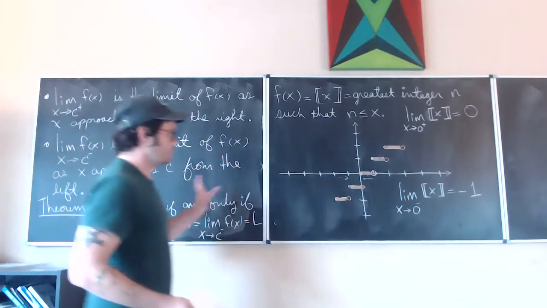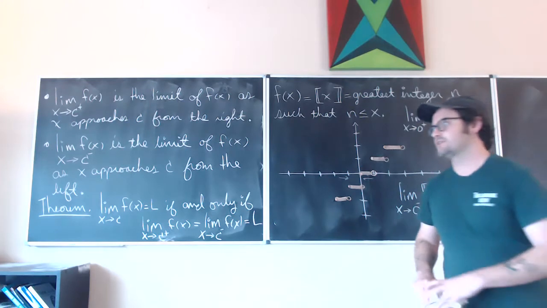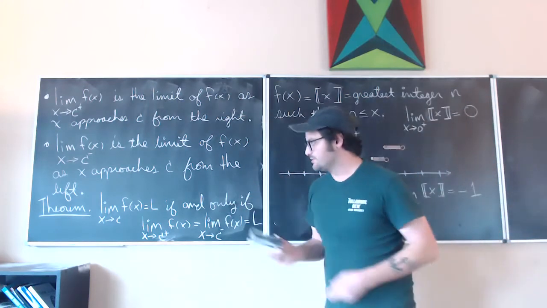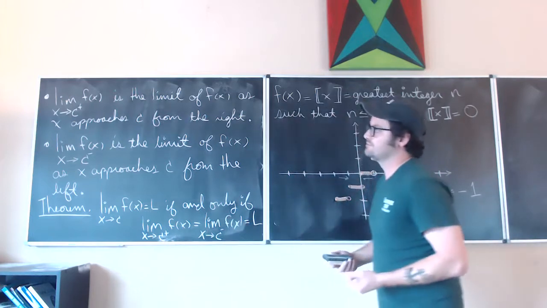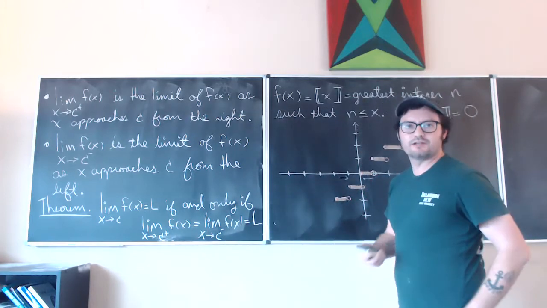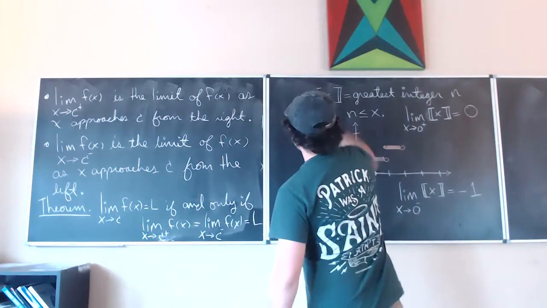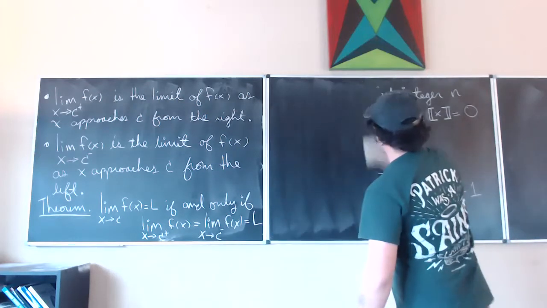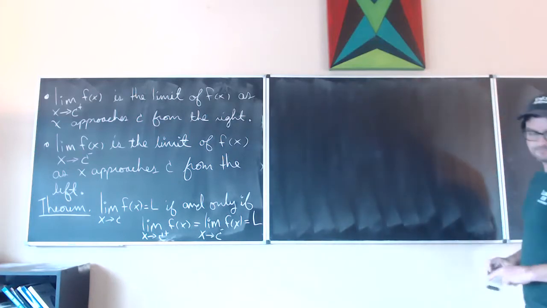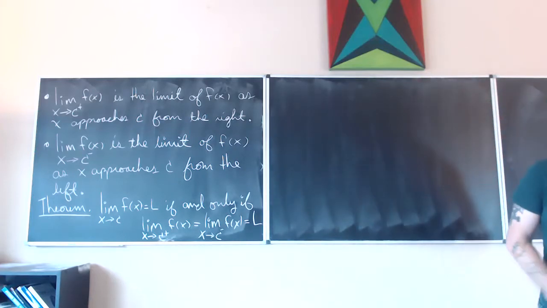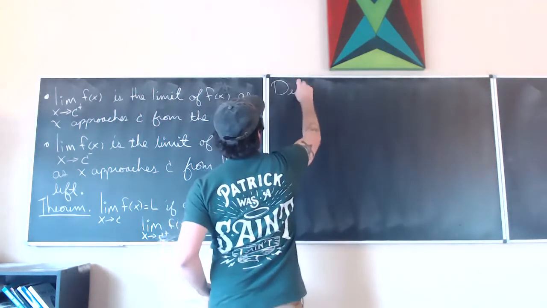Okay. So now that we have this definition of left and right-hand side limits, and we see how it relates to the general limit, we can now look at defining continuity on a closed interval. So, definition.